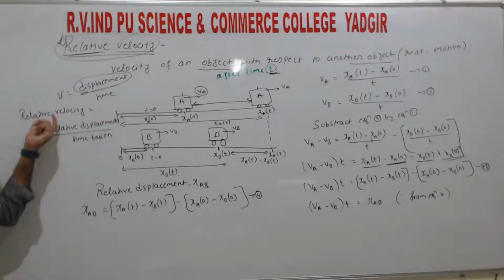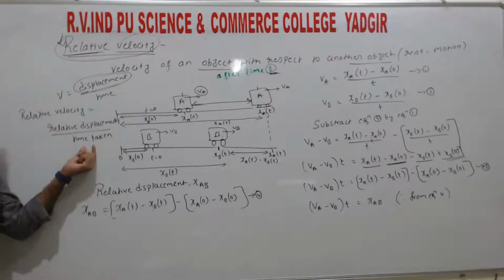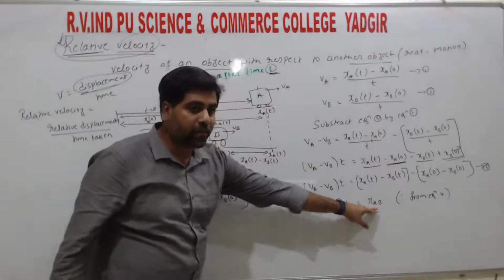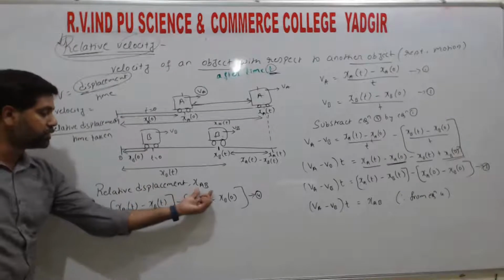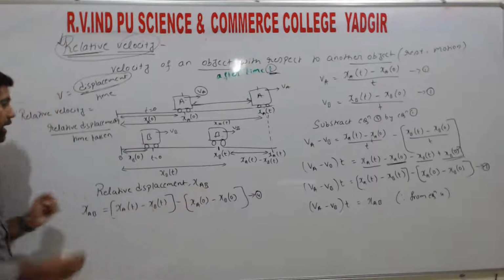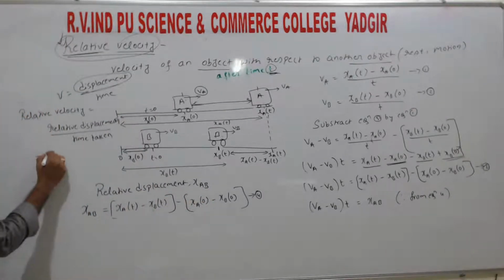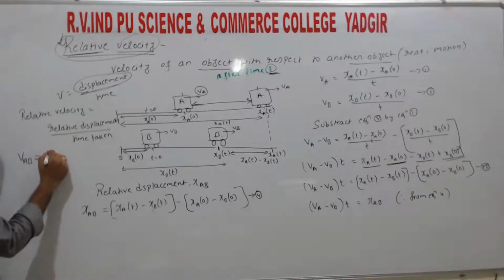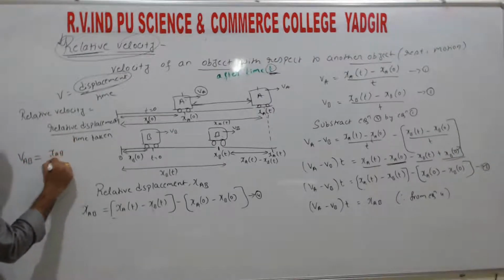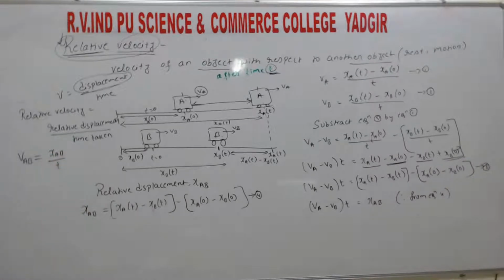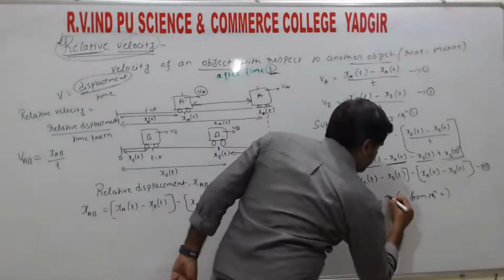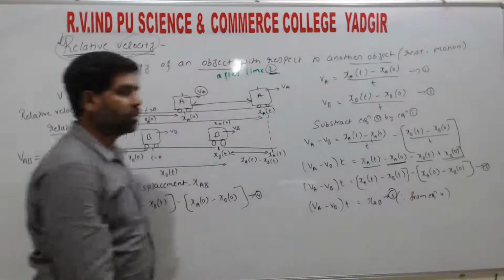Relative displacement is given by XAB. So relative velocity, that is VAB, is equal to relative displacement XAB divided by T. We take this as equation 5.